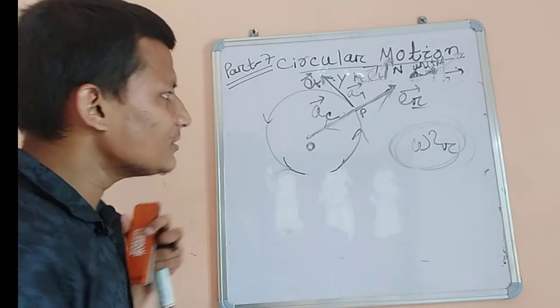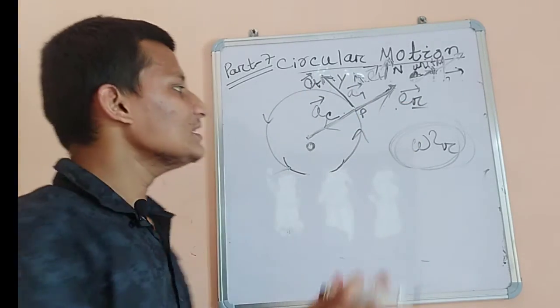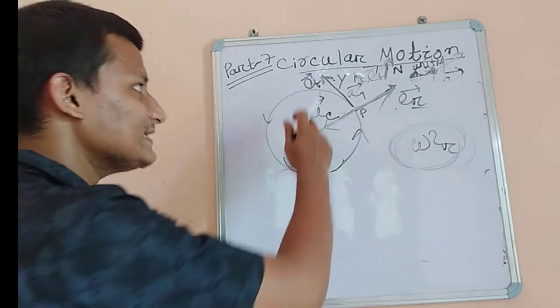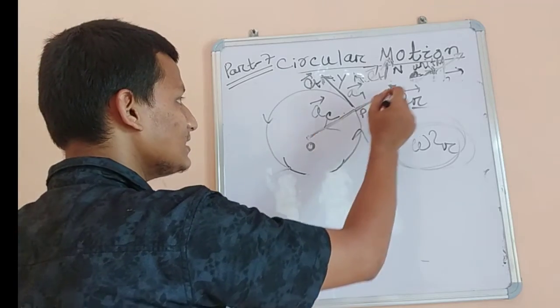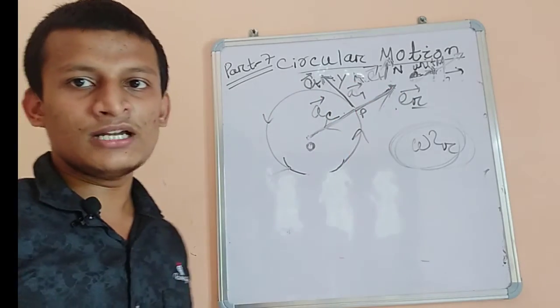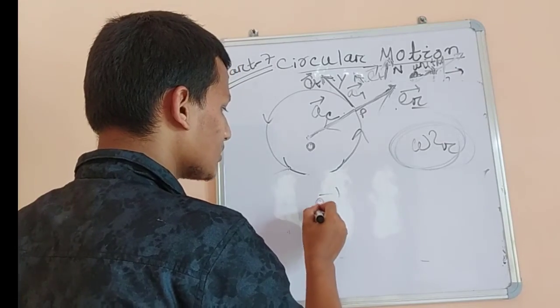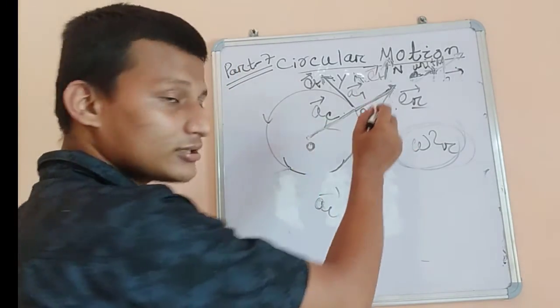If the directions of ER vector and et vector are perpendicular to each other, then the tangential acceleration and the centripetal acceleration are also always perpendicular, because the direction of AC is opposite to ER vector, but along the ER vector.